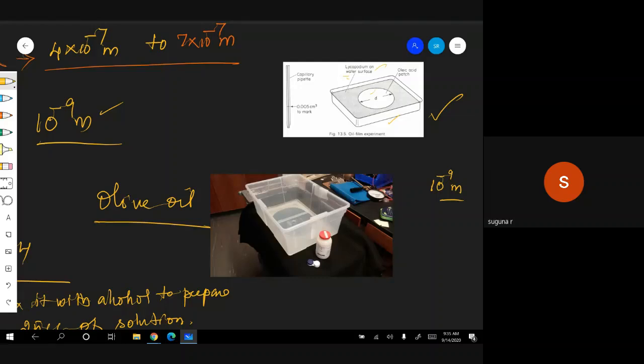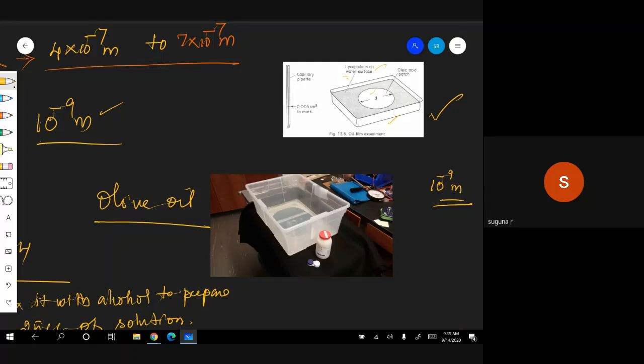One molecular thickness of oleic acid is spread on the surface. Therefore we have to find out the thickness of that layer. Once you find the thickness of that layer, that gives you the size of the oleic acid molecule.